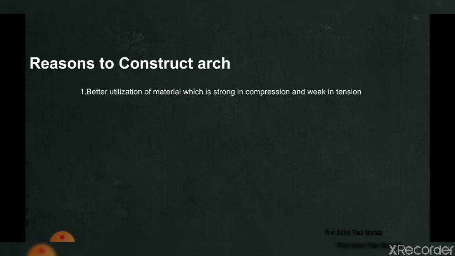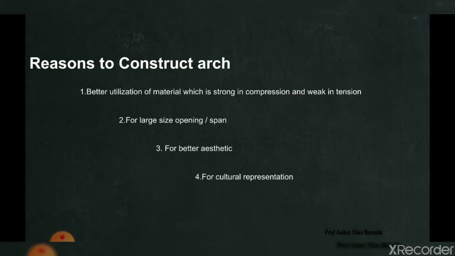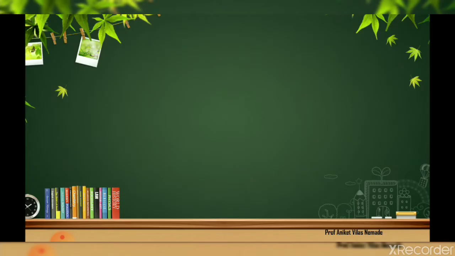Second, for large openings and spans, that's why we are using arches. Next, for better aesthetics and cultural representation, that's why we are using arches in construction. Then we'll discuss how the bending moment in the arch gets reduced.